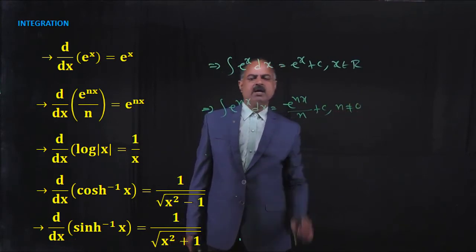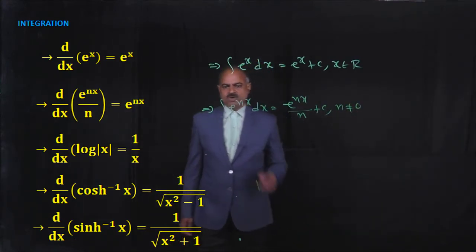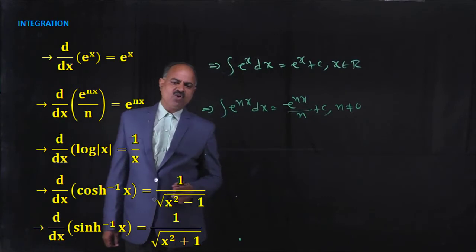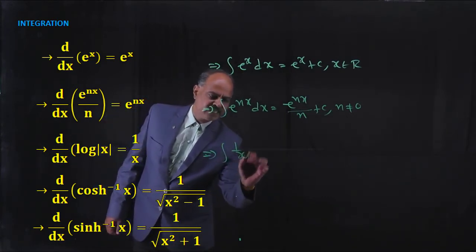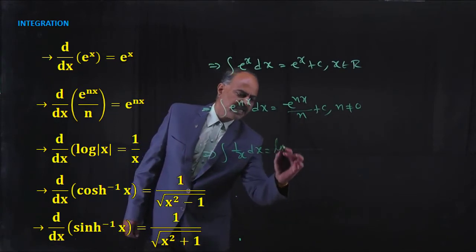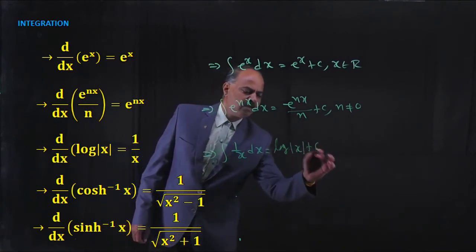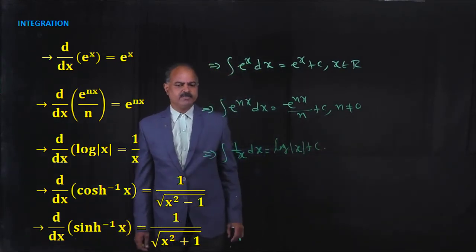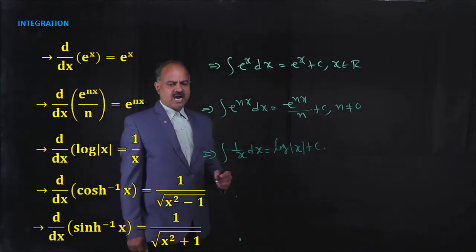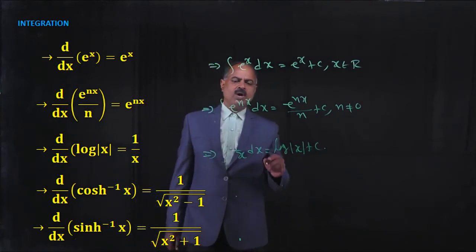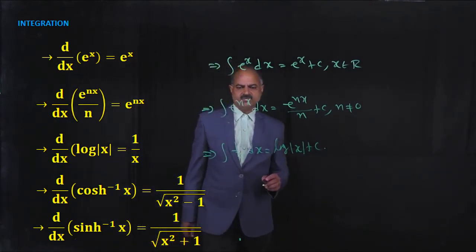So we know that d by dx of log x equal to 1 by x. So this implies integral 1 by x dx equal to log modulus of x plus c. Next, d by dx of cos h inverse x equal to 1 by root over x square minus 1.